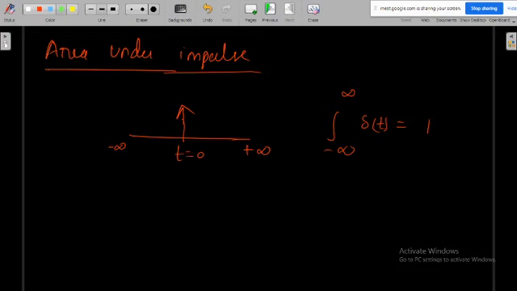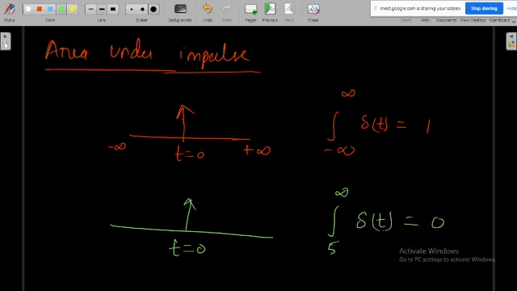Suppose, for example, the impulse is at t equal to 0, and I am doing integration from 5 to infinity of δ(t) dt, which is equal to 0.